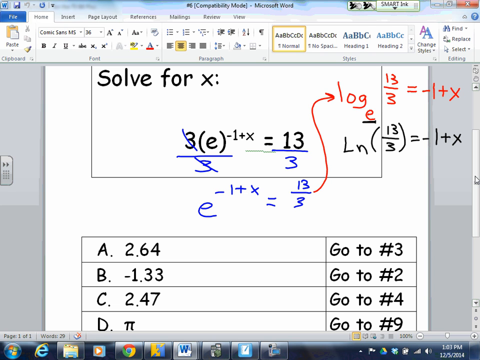Again, that's all base e means. It's just the natural log, and your calculator has a button for that. So all we need to do is take the natural log of 13 over 3 on your calculator, and then that will equal negative 1 plus x. So if we just add the 1 to both sides, the natural log of 13 over 3, whatever that is, some decimal on your calculator, add 1 to it, that should give you your x. So let's go ahead and do that.